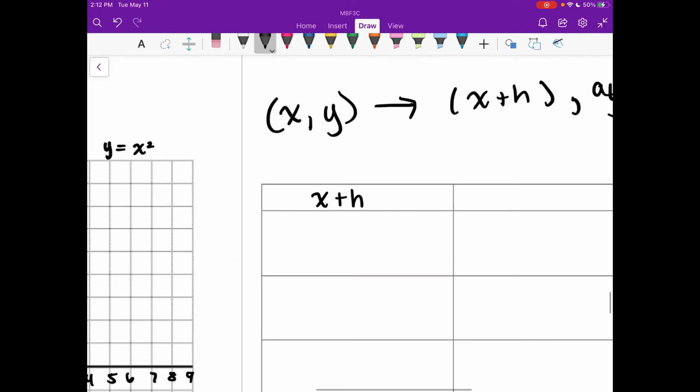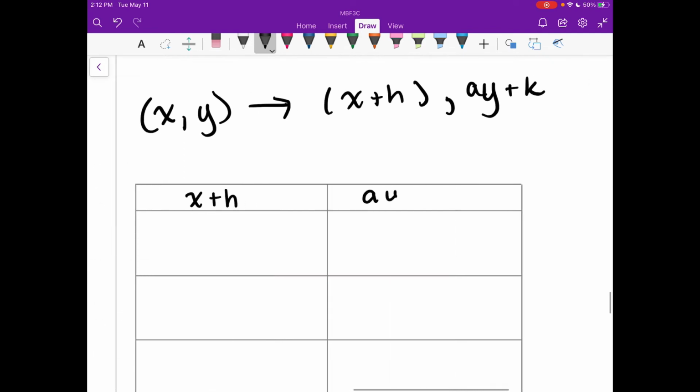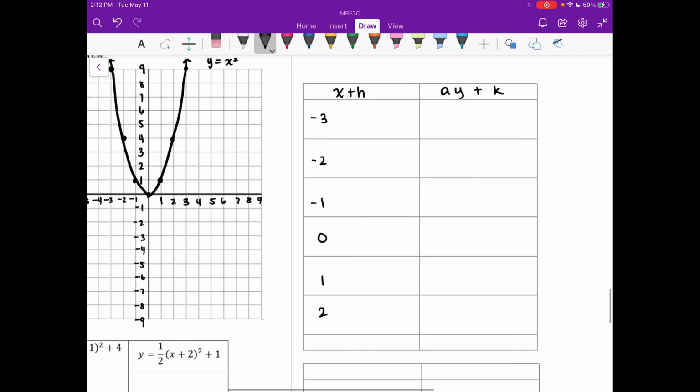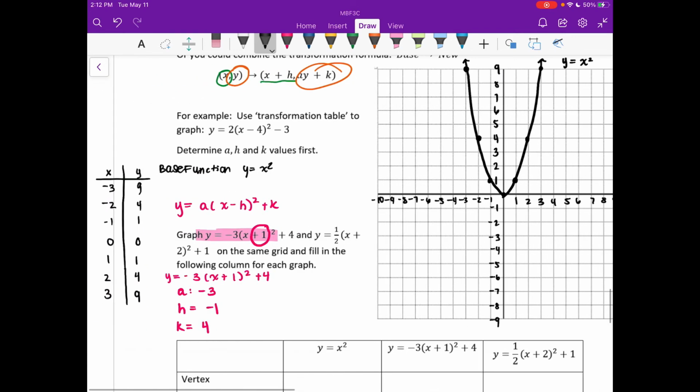X plus h, ay plus k. Right? I'm going to put in the x's I already know. -3, -2, -1, 0, 1, 2, 3. Same thing with the y's I already know. My y's are going to be 9, 4, 1, 0, 1, 4, 9. And I just took these from here, this base function over here.